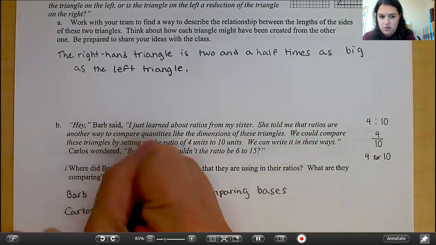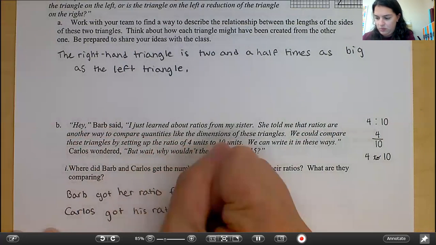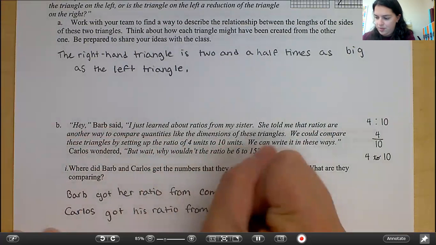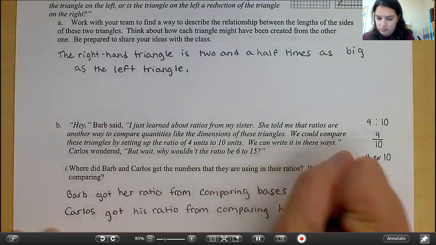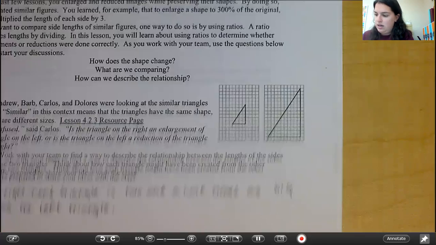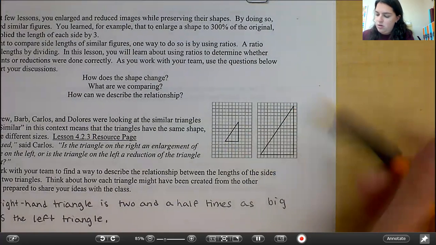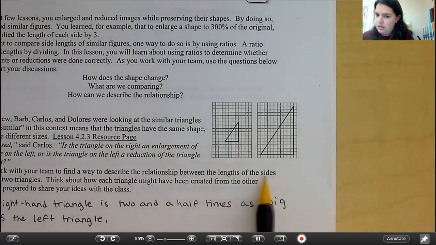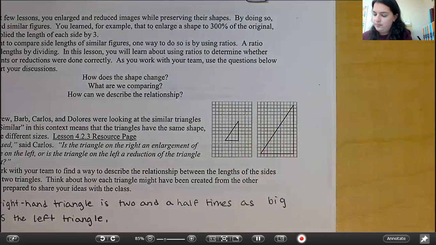Carlos got his ratio from comparing heights. So if you look, bases and heights. Our bases are down here, our heights are over here. So Barb got hers from the bases, Carlos got his from the heights.